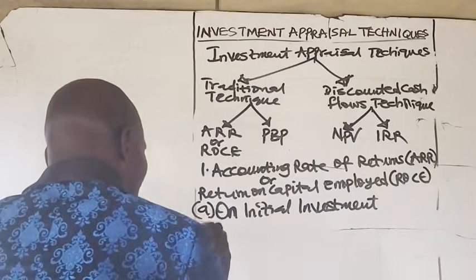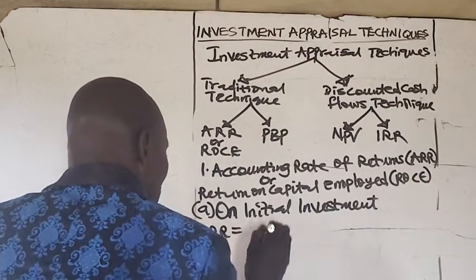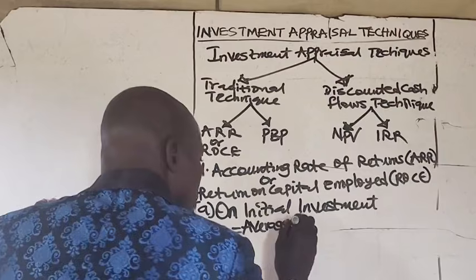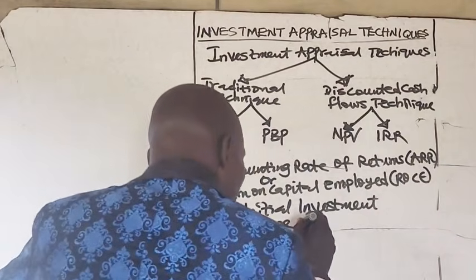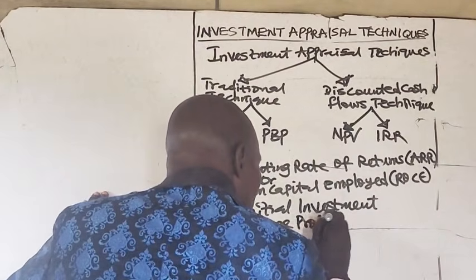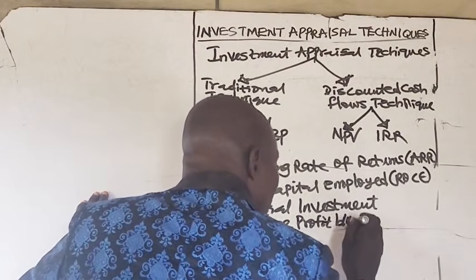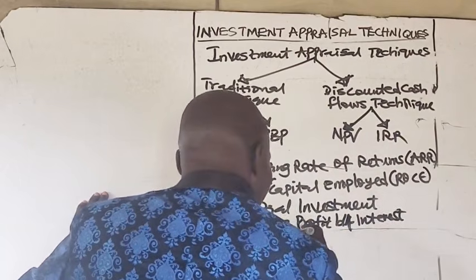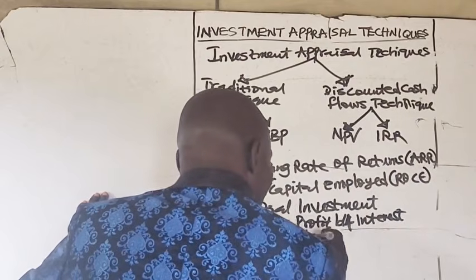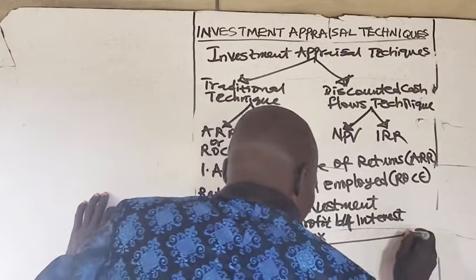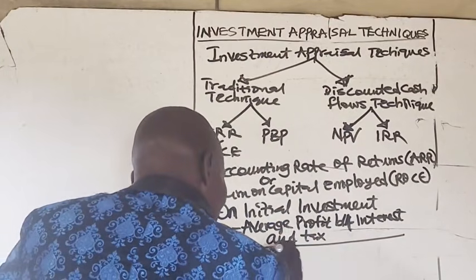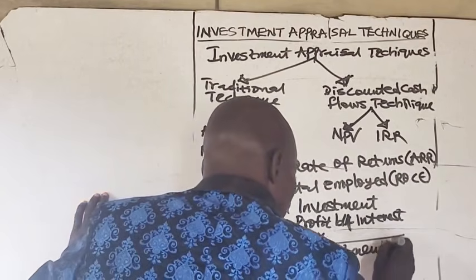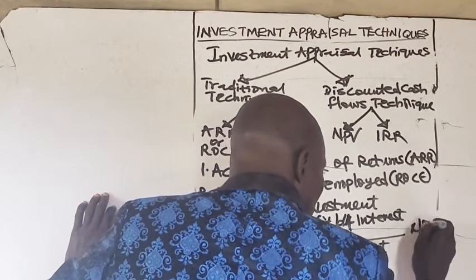ARR calculated this way, the formula will be: average profit before interest and tax over initial investment, times 100.